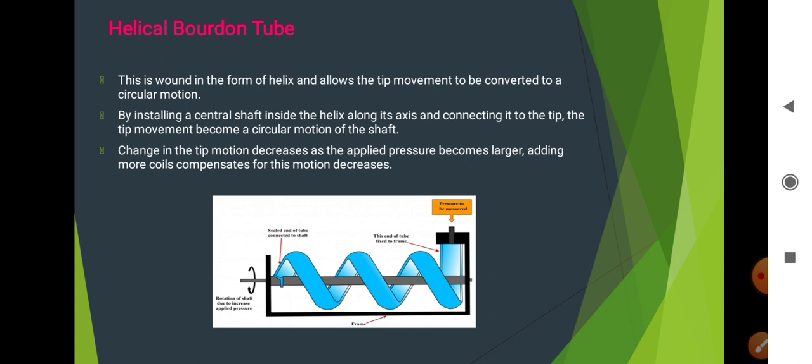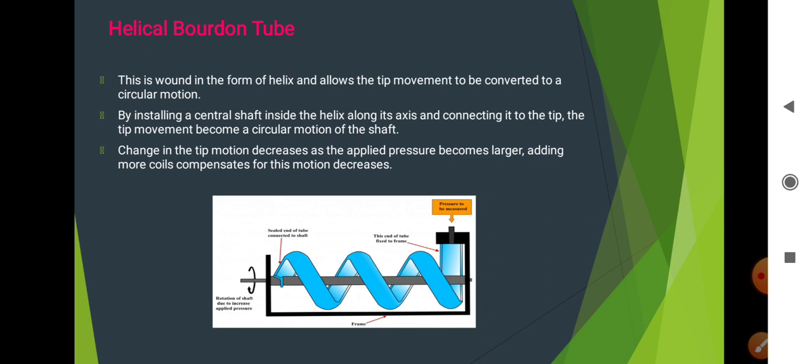This is used for high pressure applications. High pressure helical types might have as many as 20 coils, and low pressure helical types might have 2 to 3 coils. As coils increase, the tip movement decreases, meaning the change in tip motion decreases as applied pressure becomes large.